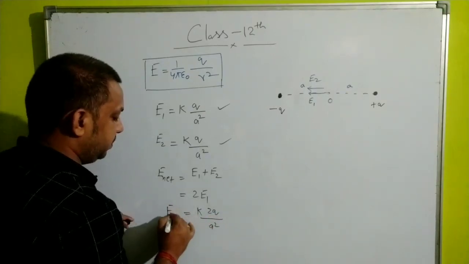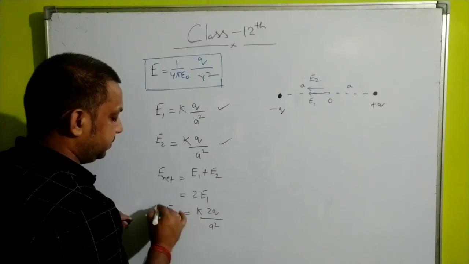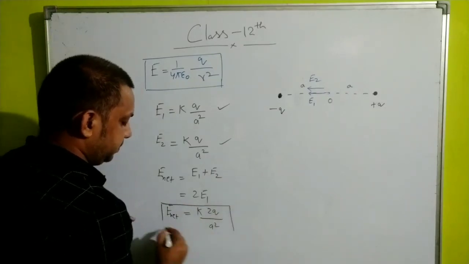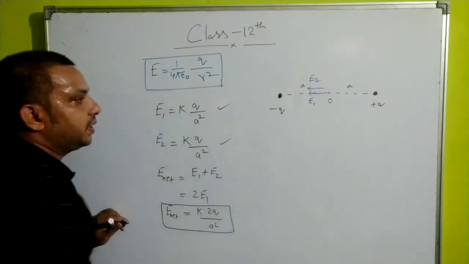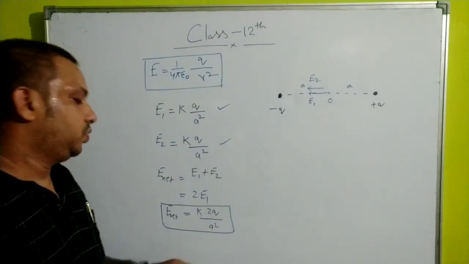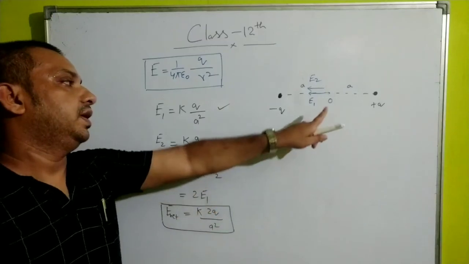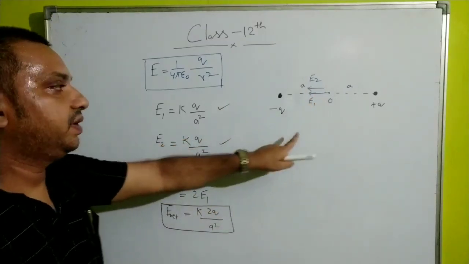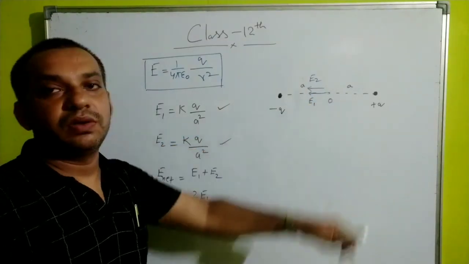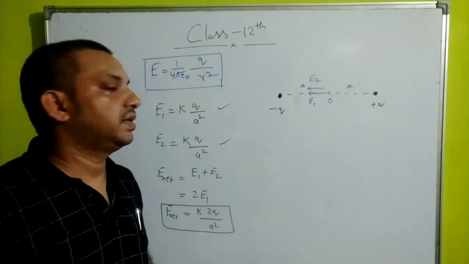So this is your E net. The E net will be 2KQ upon A squared. This is your electric field at the midpoint of this electric dipole axis.